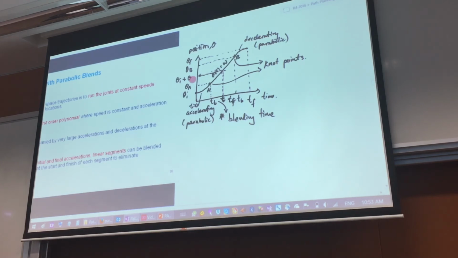So these are my definitions. At this theta I over here, the velocity will be equal to 0. Normally we have your robotic arm in a rest position where velocity is equal to 0 before it starts to move. So normally that point would have 0 velocity.